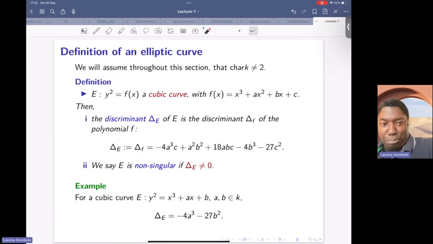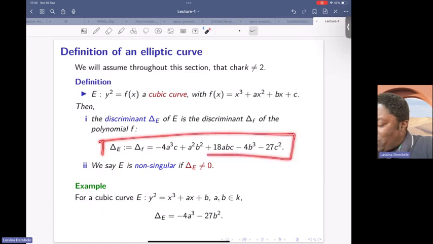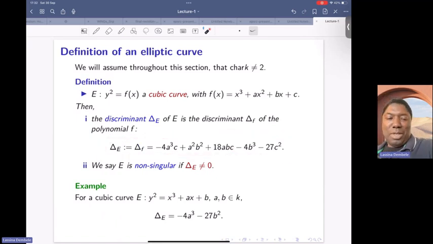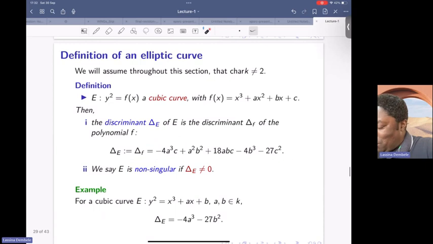And for this cubic, I'm going to define the discriminant, delta E, to be the discriminant of the polynomial f. Right? So this is what the formula for the discriminant would look like in terms of the coefficients of the cubic. And we are going to say that this cubic is non-singular if our discriminant delta is non-zero.